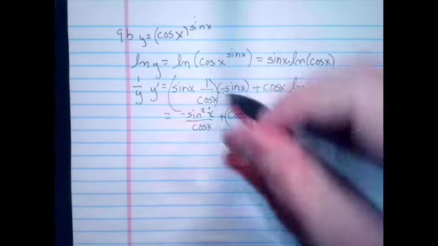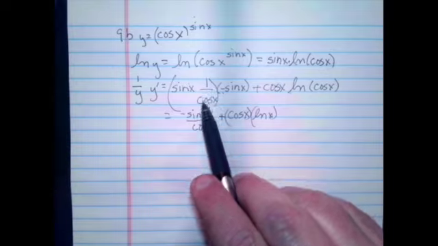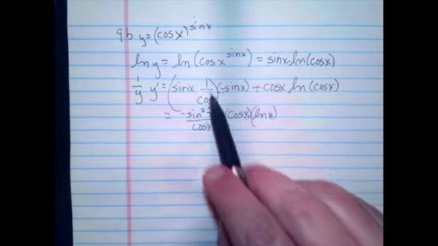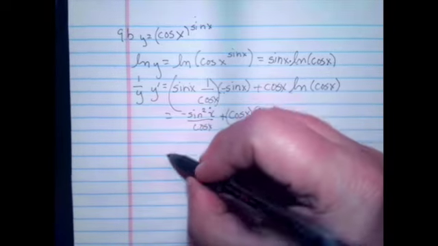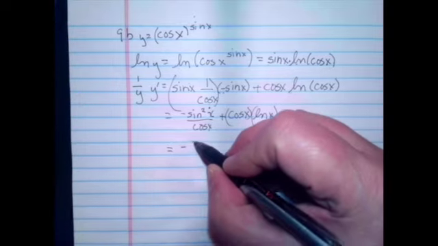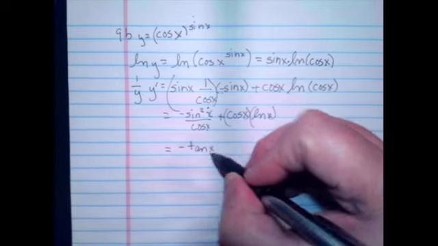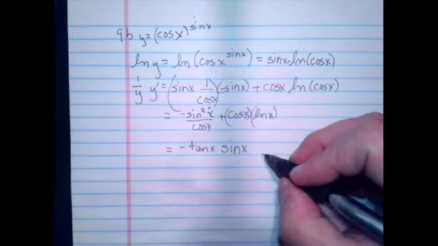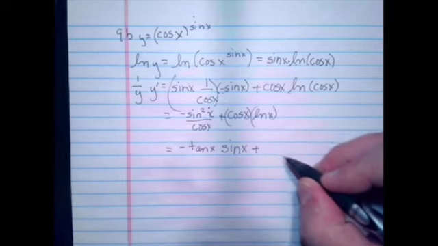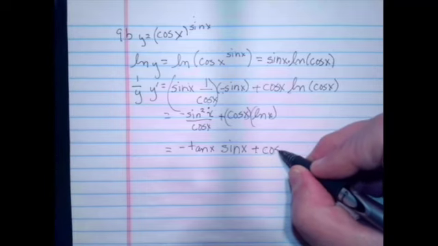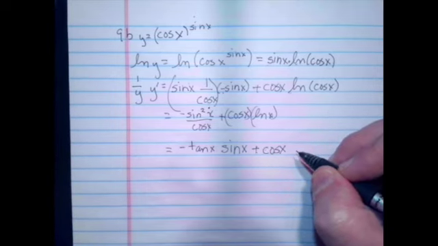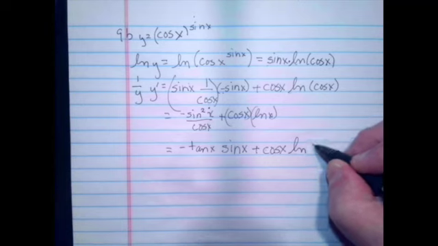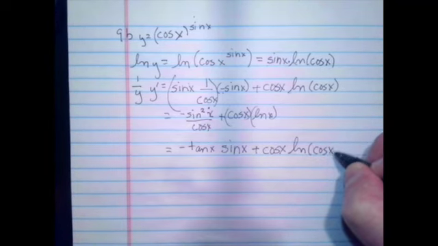So again, what I was saying is sine of x times 1 over cosine of x, that is tangent x. So this is negative tangent x sine x plus cosine x natural log of cosine x.